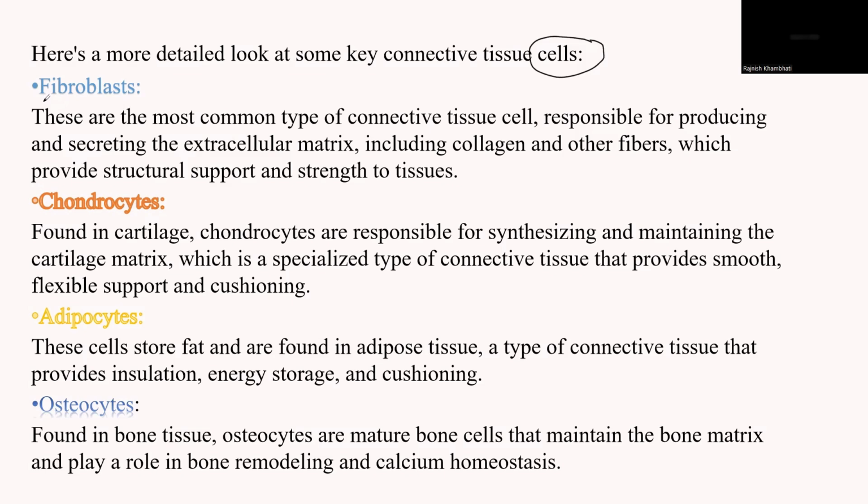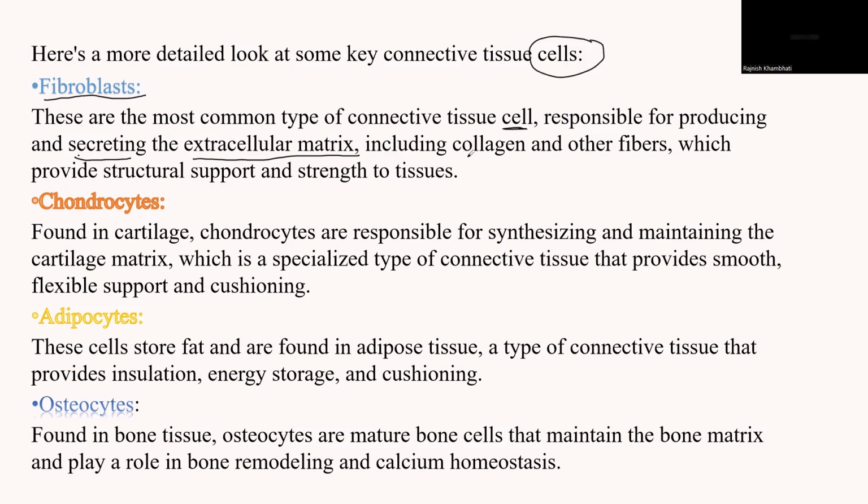The first cell is called the fibroblast cell. Fibroblast cells are the most common type of connective tissue cells. They are present normally everywhere, and they are responsible for producing and secreting. And what do they secrete? Extracellular matrix, the medium.